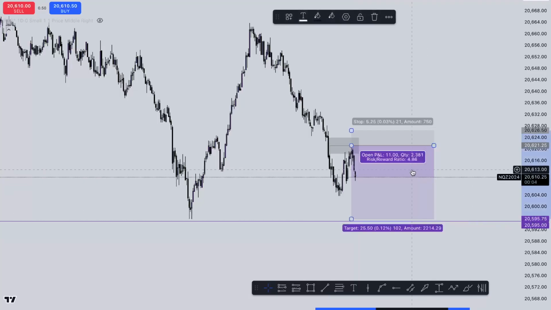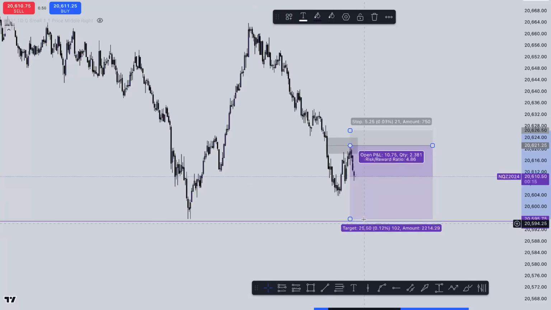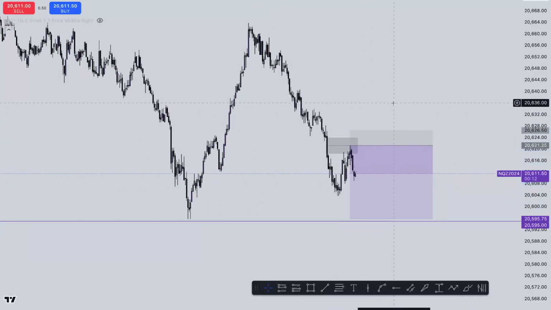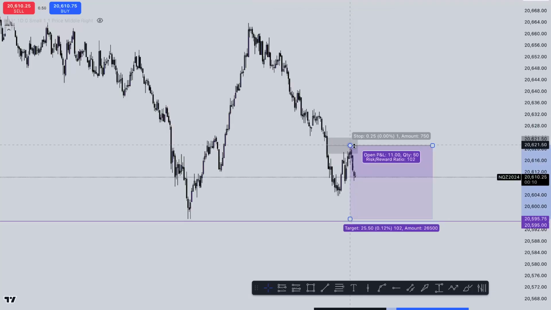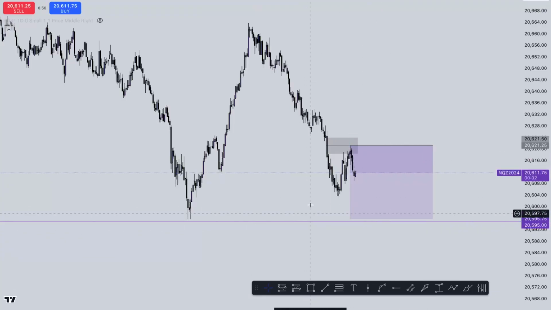This is a 25 handle gain and a 5 handle loss. At this point now, drag, zero risk. You are waiting for your take profit of 25 handles.